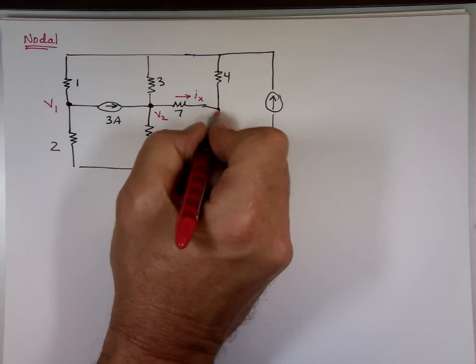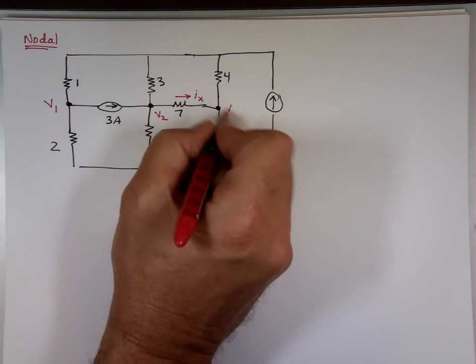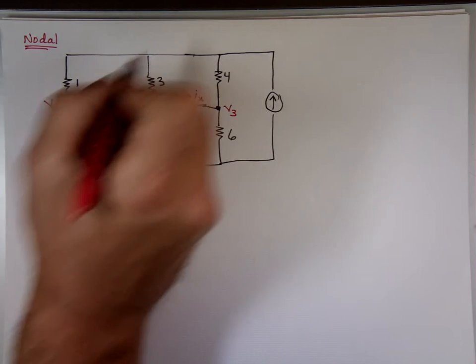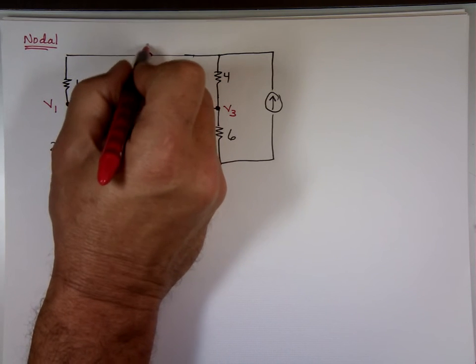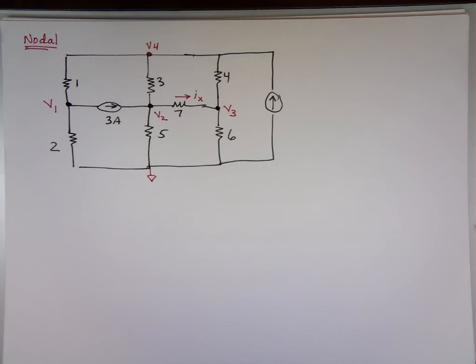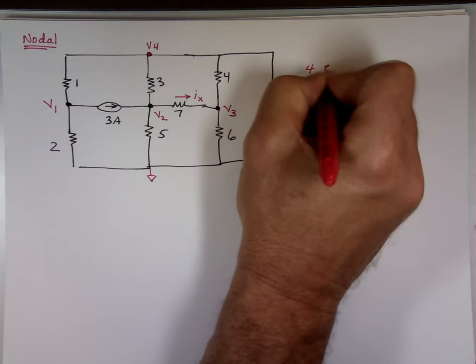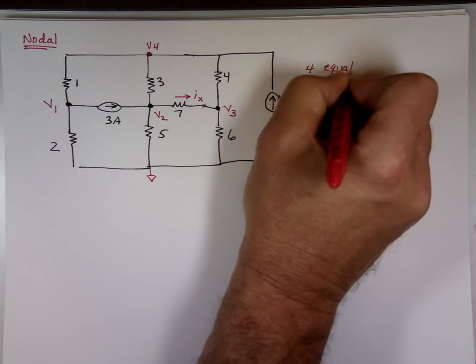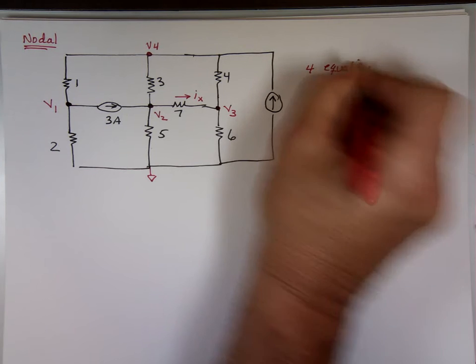This is another node, which is V3. And the top will be V4. How many equations by how many unknowns? 4 equations by 4 unknowns.